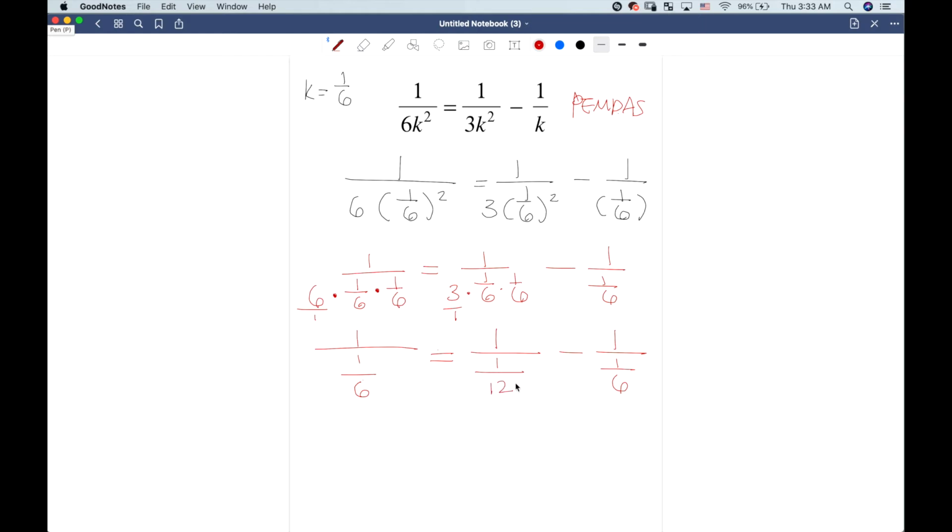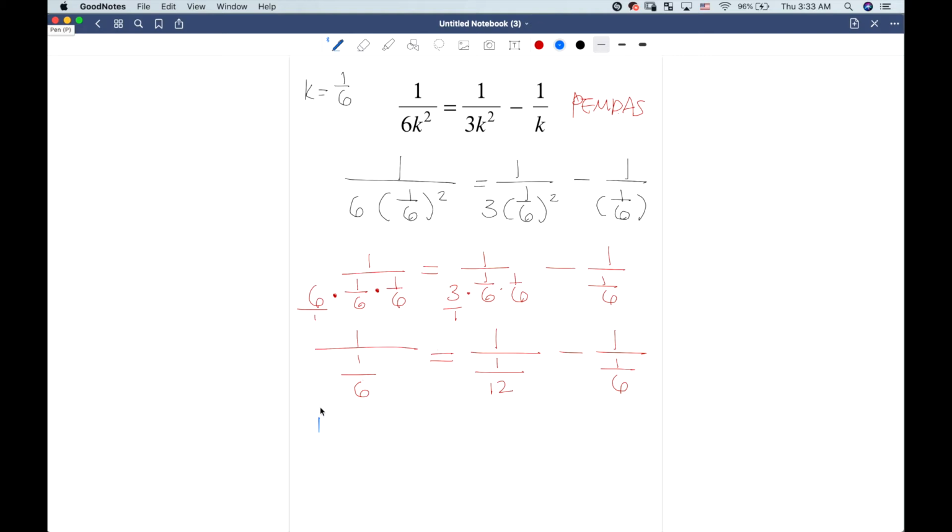Okay? Now, the next fraction rule that we have to apply is when we divide fractions. So if you notice, it's 1 divided by a fraction, 1 divided by a fraction, 1 divided by a fraction. When you divide by a fraction, that is equivalent to multiplying by its reciprocal. So what that means is the numerator stays the same.